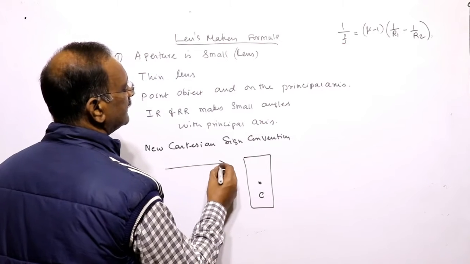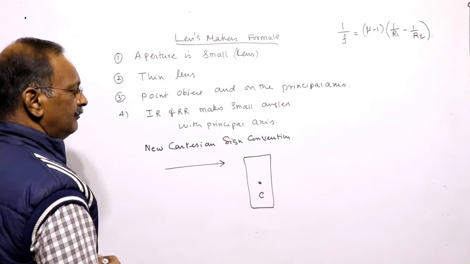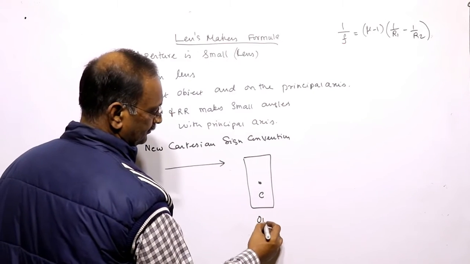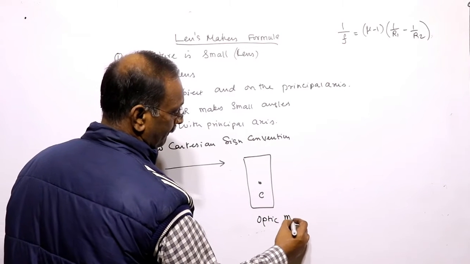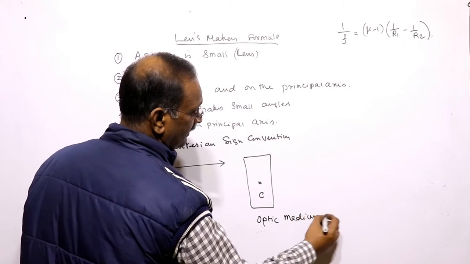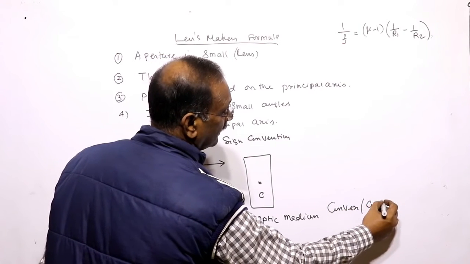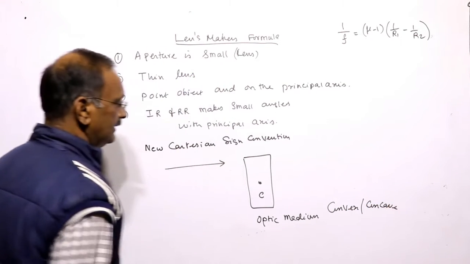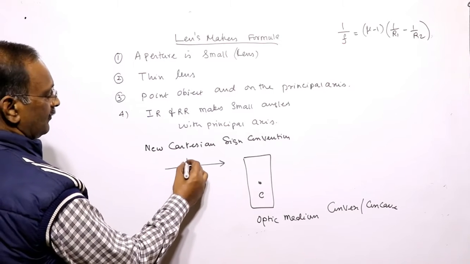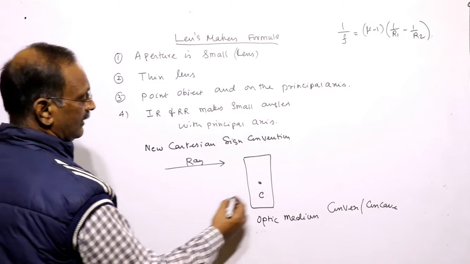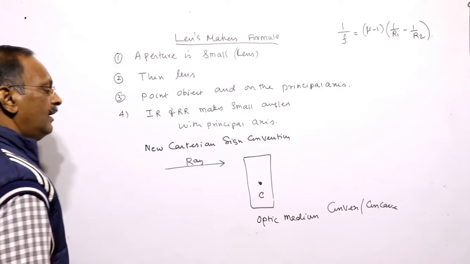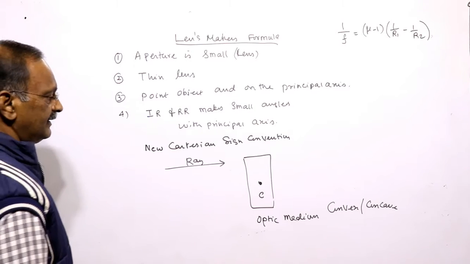This is the direction of the incident ray on the optic medium. It may be convex or concave, so we are talking in general. This is the direction of the ray, and all distances are measured from the optical center.